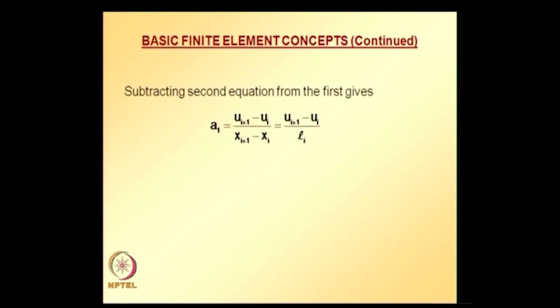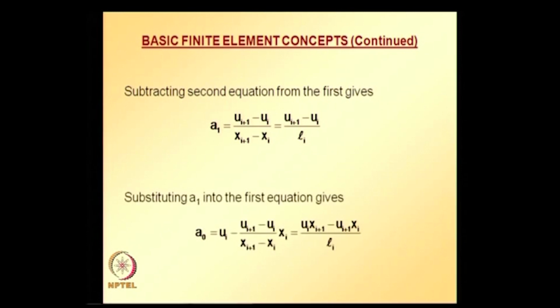Subtracting the second equation from the first results in what is shown there, and please note that xi plus 1 minus xi is equal to Li. The length of the element is given by the spatial coordinate of the i plus 1th node minus the spatial coordinate of the ith node, and substituting a1 into the first equation gives us a naught.